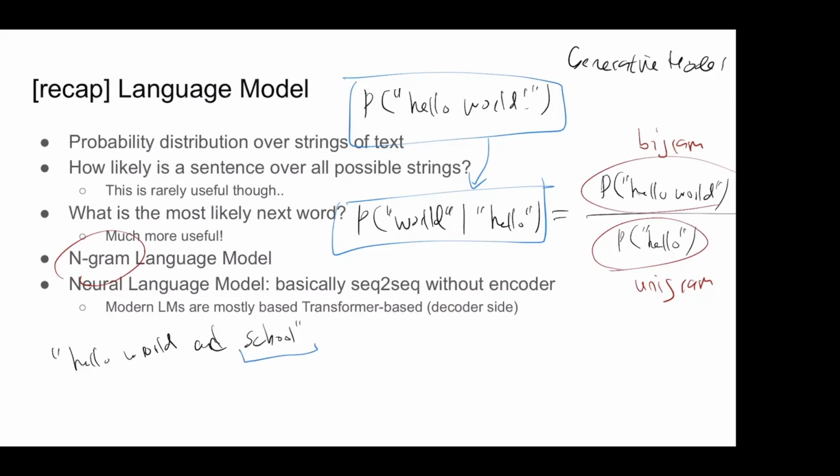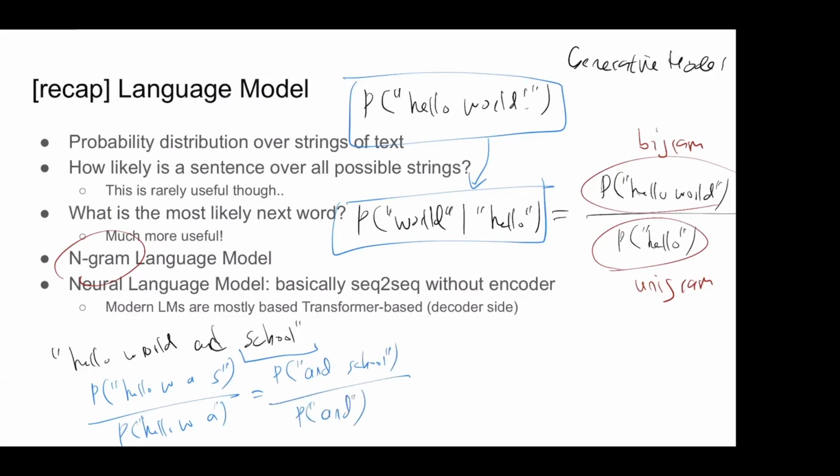So what we want to compute is the probability of hello world and school over hello world and. But we are making an assumption that this can be approximated with and the school. We're only looking up to the one word before the current target, right? So this is a bigram language model.